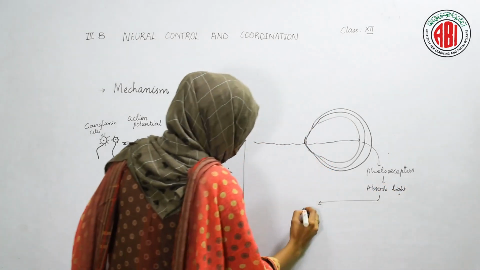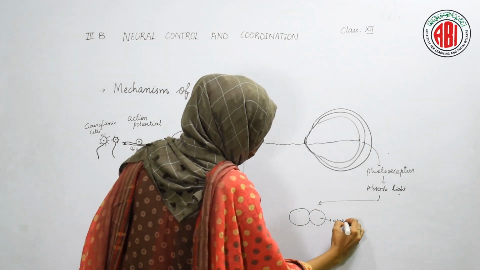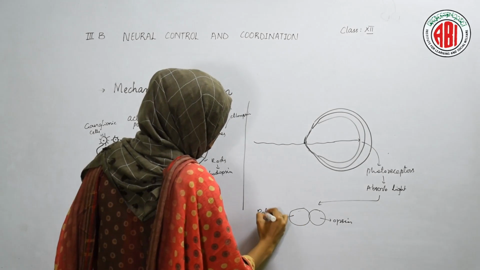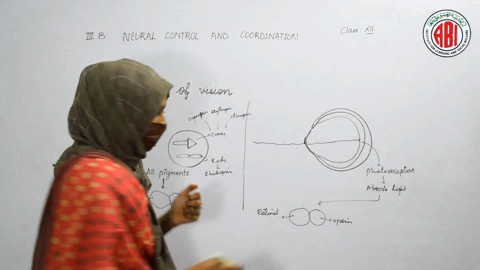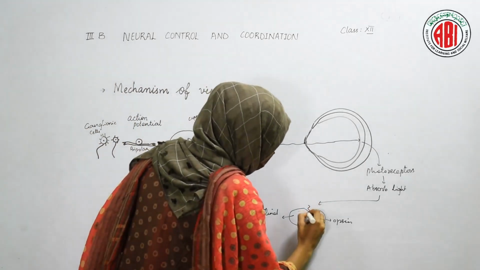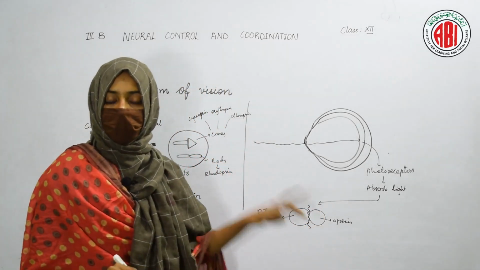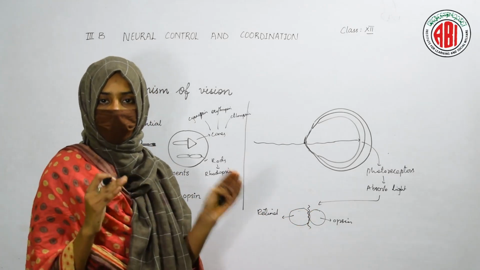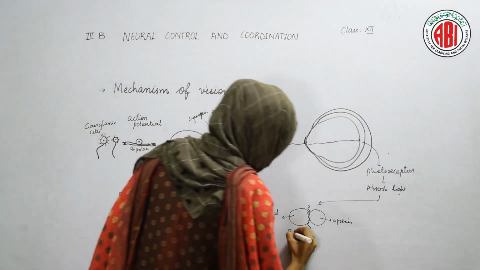So the pigment contains opsin as well as retinal in its structure. When the pigments receive the light, the bleaching of the protein and retinal takes place, the separation of the substance and the protein. This is called bleaching.